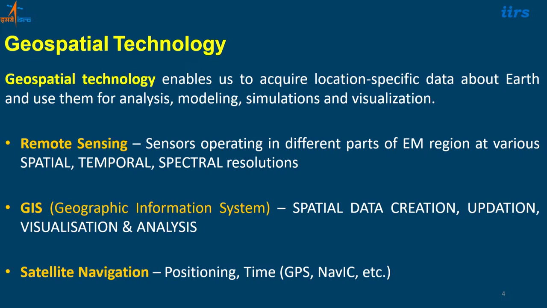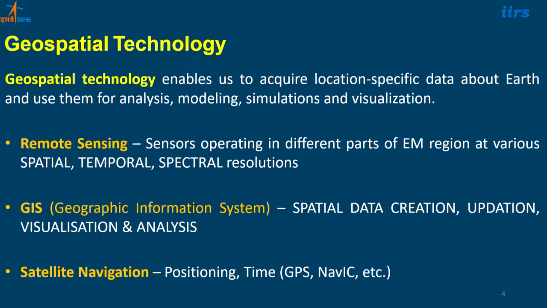When we talk about geospatial technology, three basic terms come into picture. What are those three basic terms? The first one we call remote sensing. Remote sensing goes into the sensors operating in different parts of the electromagnetic region at various spatial, temporal and spectral resolutions.